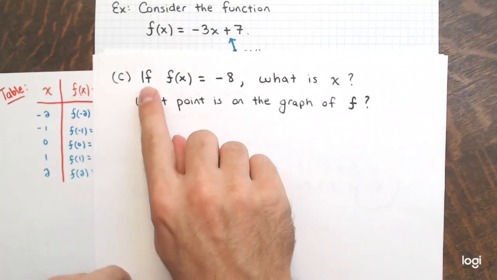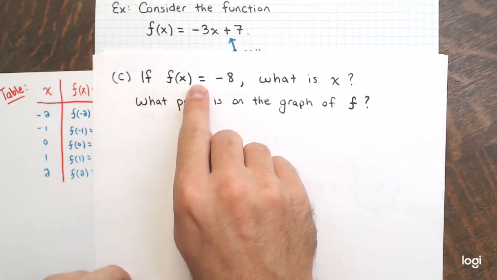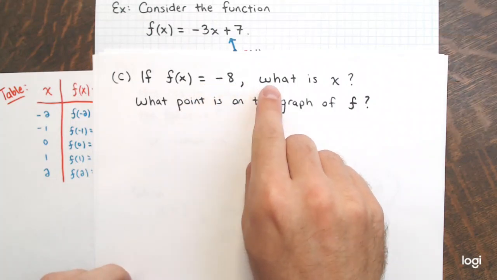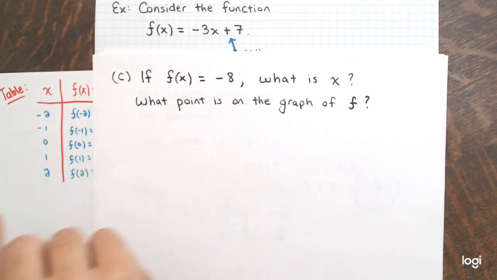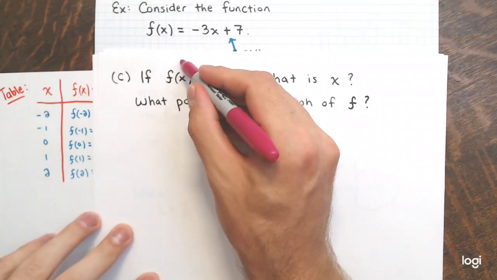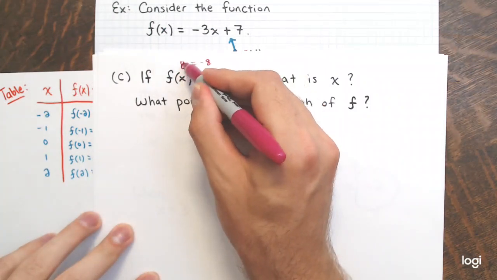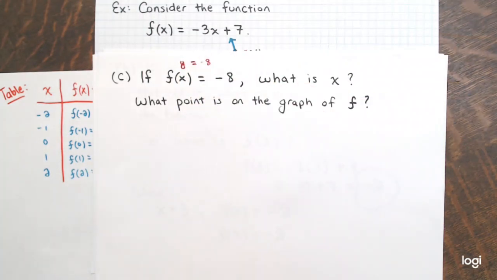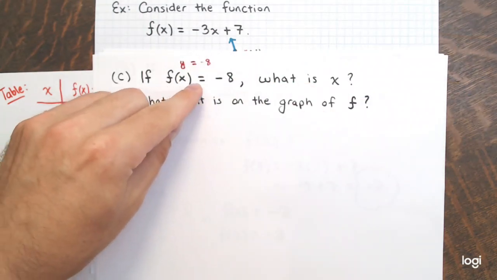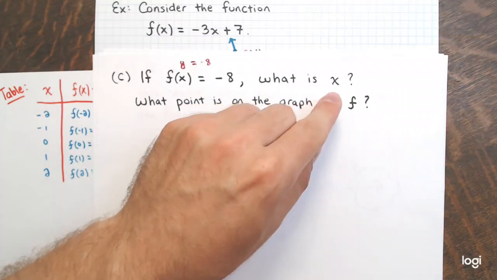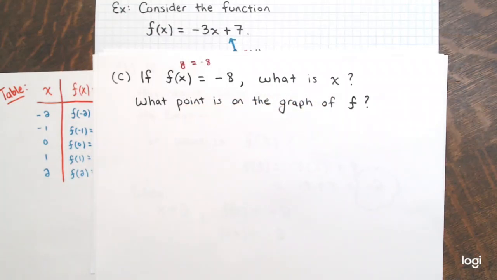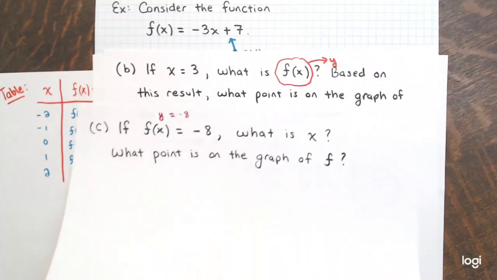They're saying if f of x equals negative 8, what is x? Remember, this is like saying y equals negative 8. When I say f of x equals negative 8, the output is negative 8. What is x? What is the input? And then what? Oh, I forgot to answer that question. I apologize. Let me go back.